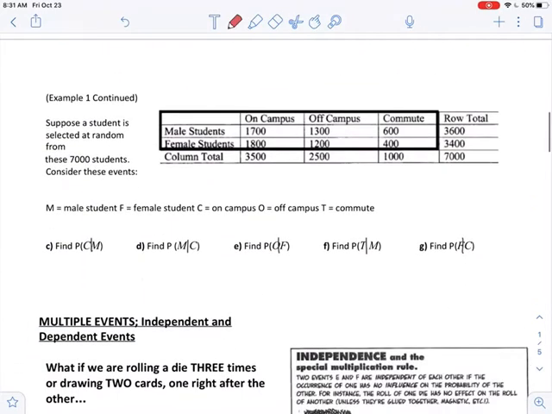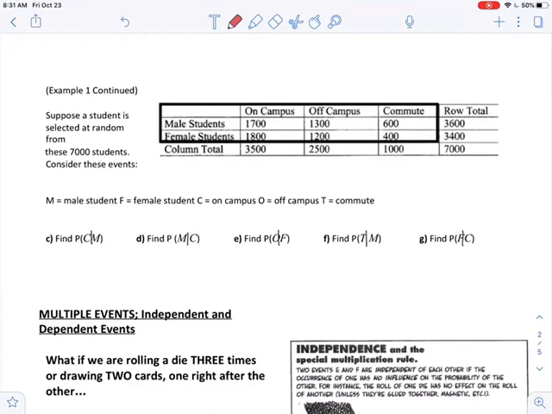Next, we're going to find our conditional probabilities. For C, we're going to find the probability that they commute given that they are male. First we want to find our total, which is our males. Again, remember, we have a total of 3,600 males. If we look at that row total, and then we want to find the ones that are on campus.